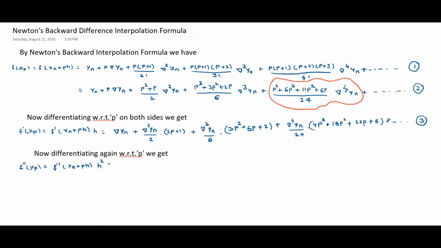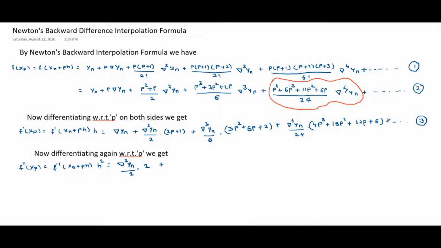This is equal to, now differentiation of this first term del yn is constant, so its differentiation is 0. Now if you differentiate the second term, first I will write the constant term, that is del square yn divided by 2 is constant, and now differentiation of 2p plus 1 is 2 plus.